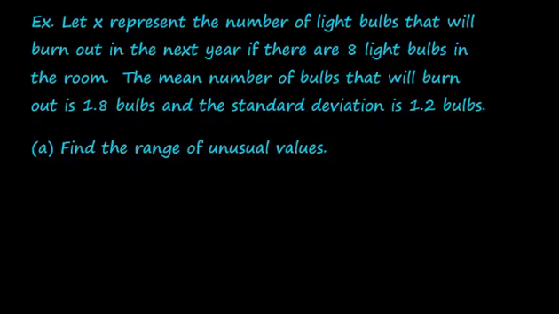Well, we saw before that when we're talking about the range, there's a calculation we could do that involves the mean and the standard deviation, and we've been given those. So we found that the minimum usual value was equal to the mean minus 2 standard deviations.